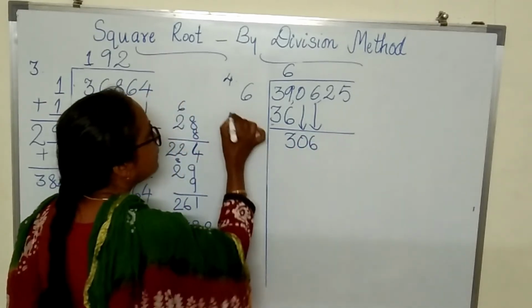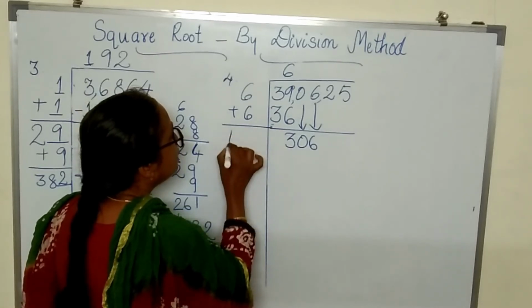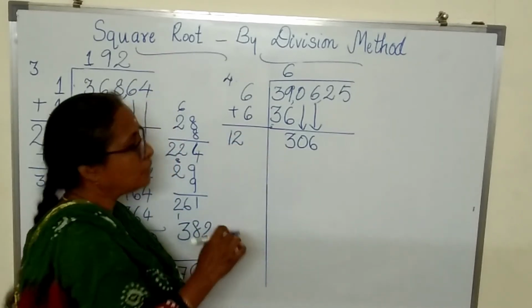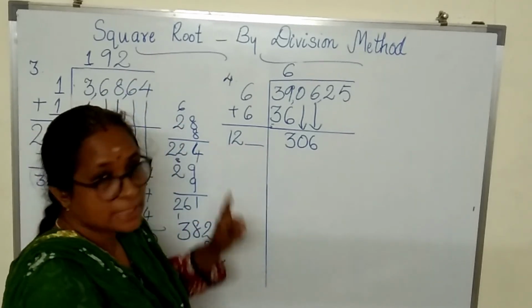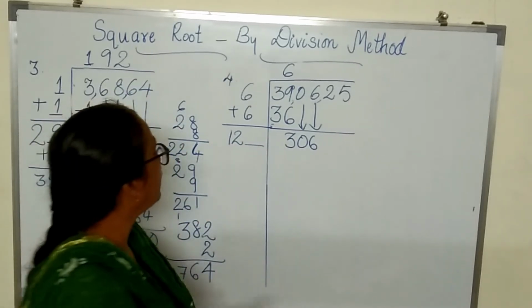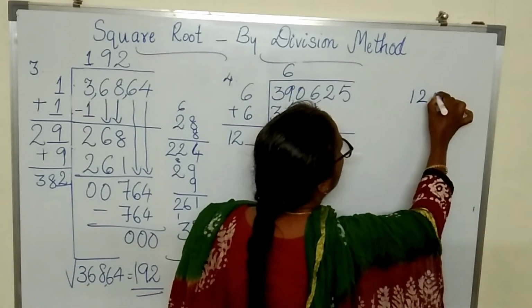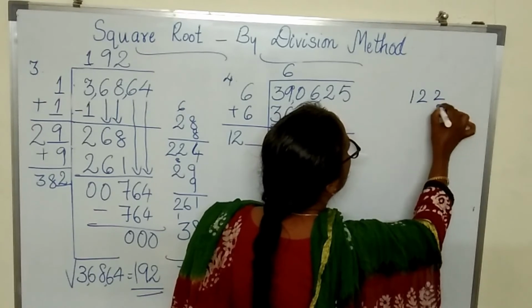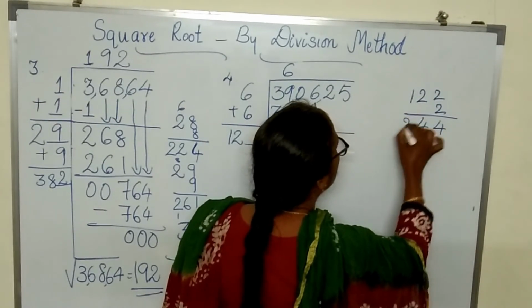And the next step is whatever we wrote here, add it. 12. Now, think of a digit. What we will be writing here, with the same number we have to multiply. 1, 2. So, 122 multiply by 2. 4, 4, 2.